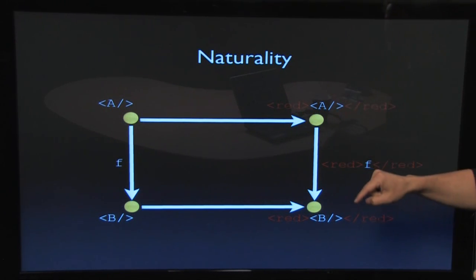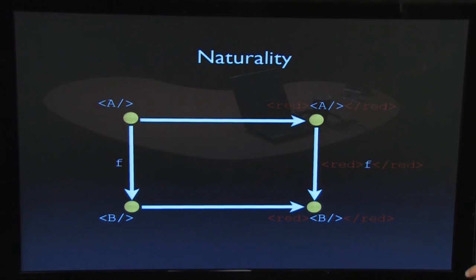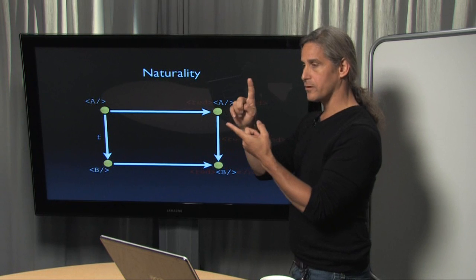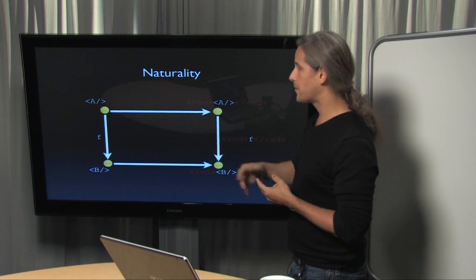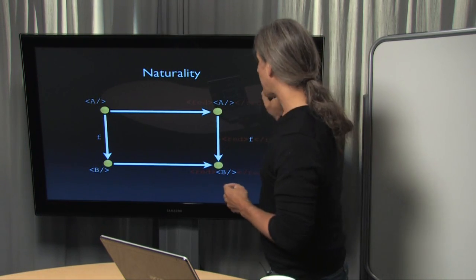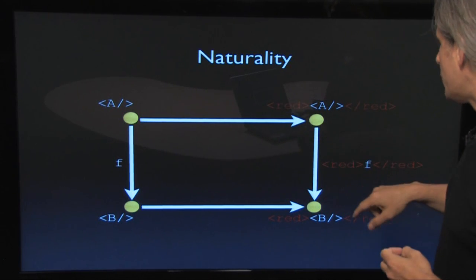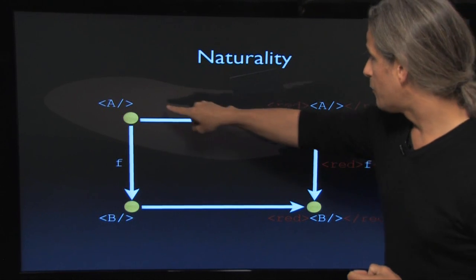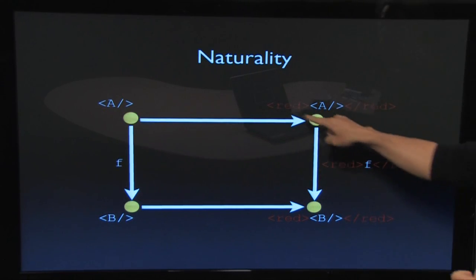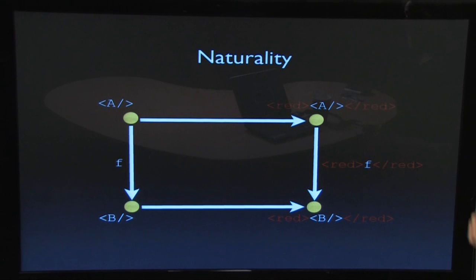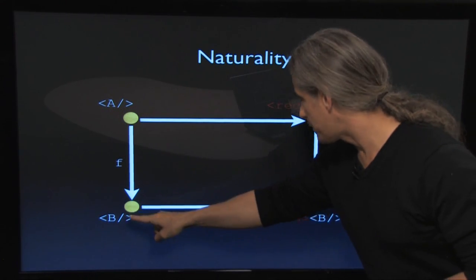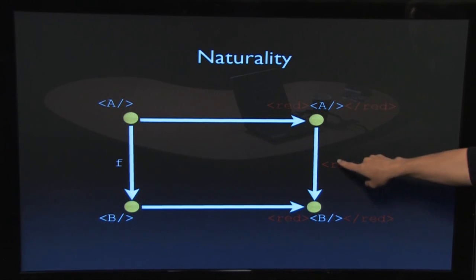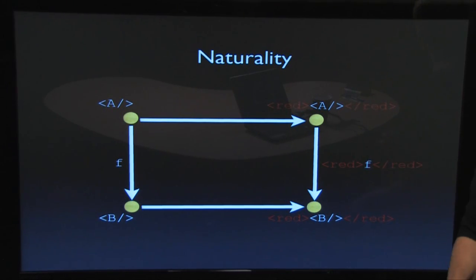Then what I need is, for naturality of the wrap idea. So actually what we require is naturality both of wrap and roll, but I'm just going to talk about naturality of wrap. I need an arrow which is going to get me from A to red A, and an arrow which is going to get me from B to red B. And I also need the red F, okay?